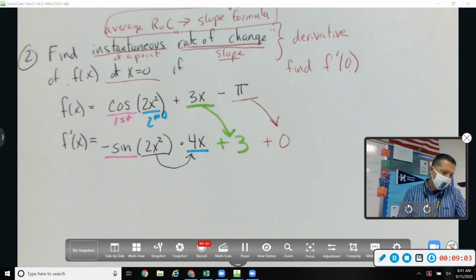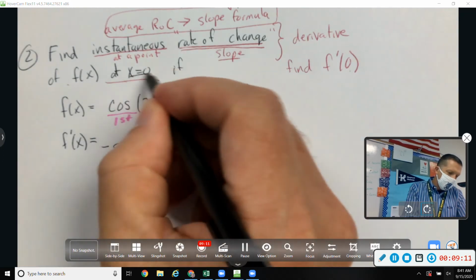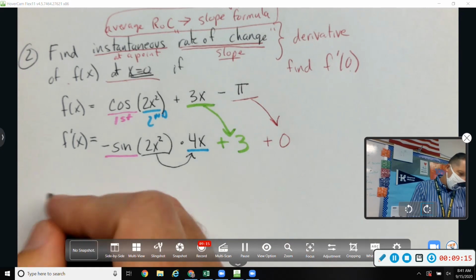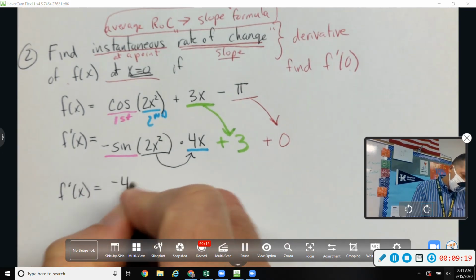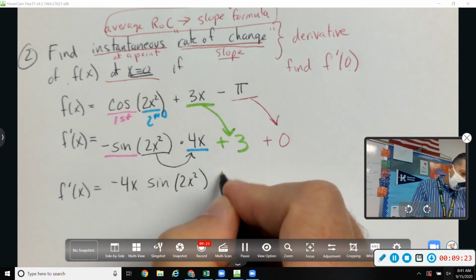As happens a lot, we need to go back and read and make sure we answer the question. Find instantaneous rate of change. Oh, at x equals 0. We hadn't done that part yet. So there's our instantaneous rate of change. Might want to clean that up a little bit. I don't guess you'd have to clean it up because you're going to be plugging in 0 anyway.